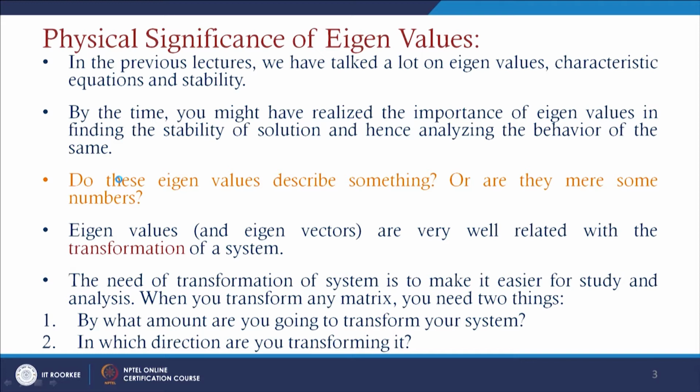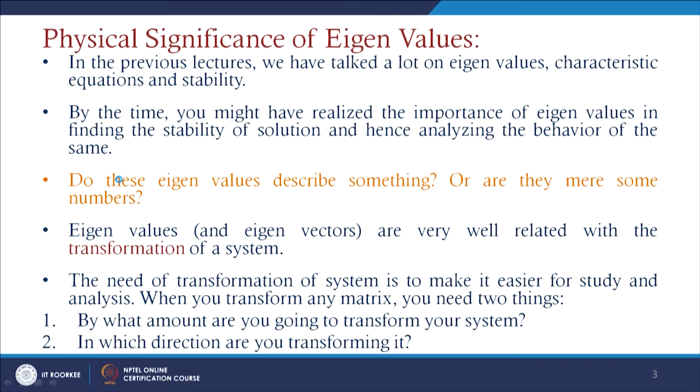By now you might not have completely realized the importance of eigenvalues in finding the stability of the solution, and hence analyzing the behavior of eigenvalues is important to realize the physical behavior inside the system.